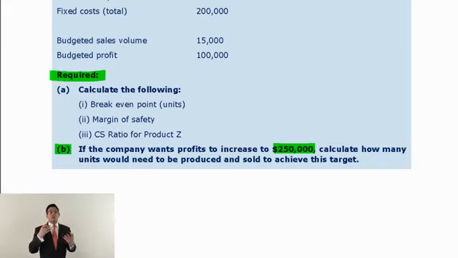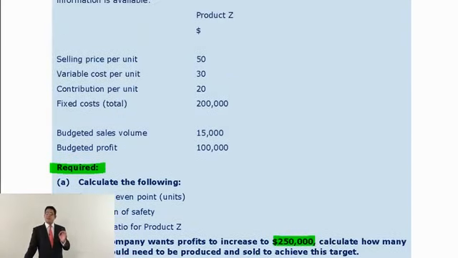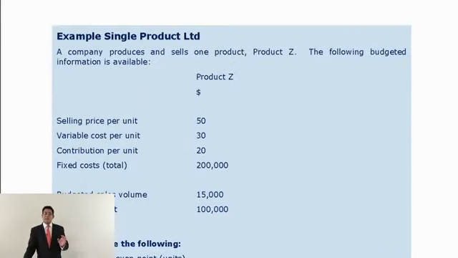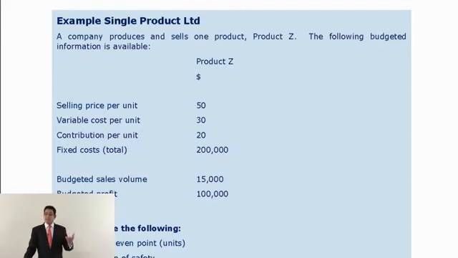So in other words, profit is 0. So from 0, if the company wants to increase profits to $250,000, how many units do we need to sell, not only to achieve break even, but also to generate this $250,000 profit. So reading the requirements very, very slowly and carefully makes our life much more comfortable in solving the questions.